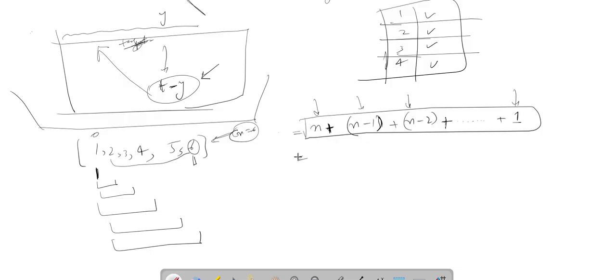And what will be the sum of this? Because this is an arithmetic series, right? And the sum can be found this way. So let's try to find that. A represents the first term, so it's going to be n.